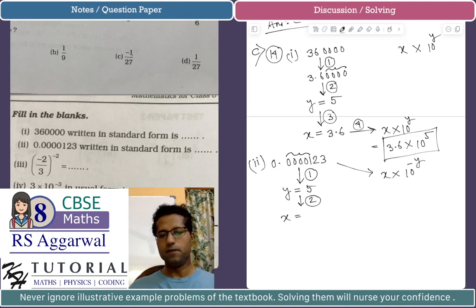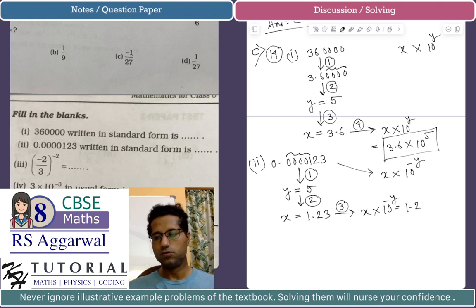Now x will be the given very small number expressed as a whole number, that will be 123, and then put a decimal point after the leftmost digit. So this becomes 1.23. And as a final step, step 3, the number in standard form will be x multiplied by 10 to the power minus 5. This is equal to 1.23 multiplied by 10 to the power minus 5.